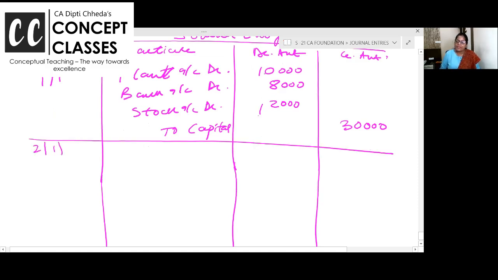2nd January. Bought furniture for resale. When you purchase furniture for resale, it's not an asset. It becomes your goods. Listen to my example: if I am buying a laptop for teaching, the laptop is my asset.